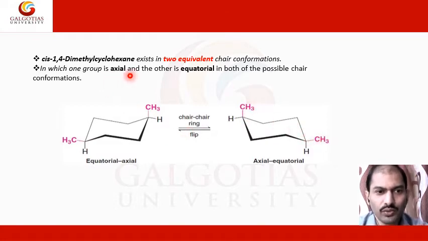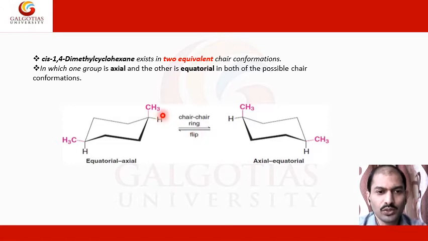So one group is axial and the other is equatorial in both possible conformations of the chair on ring flipping. That is called the cis conformer of 1,4 disubstituted cyclohexane.